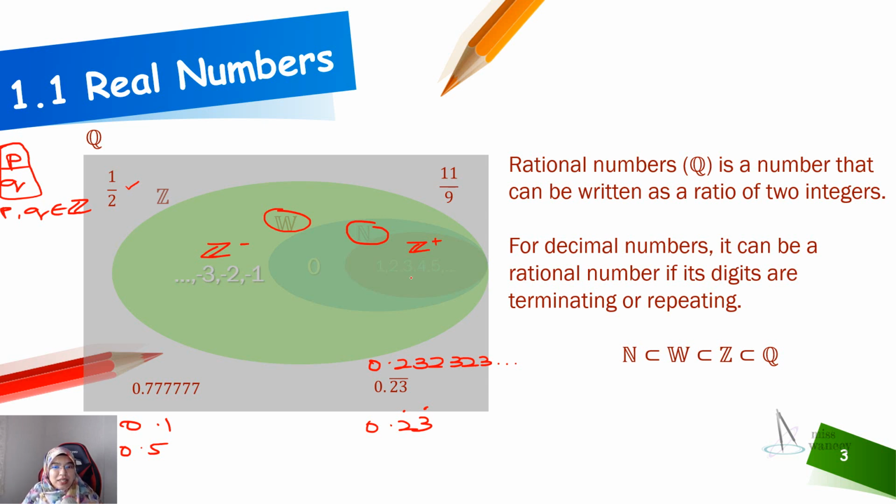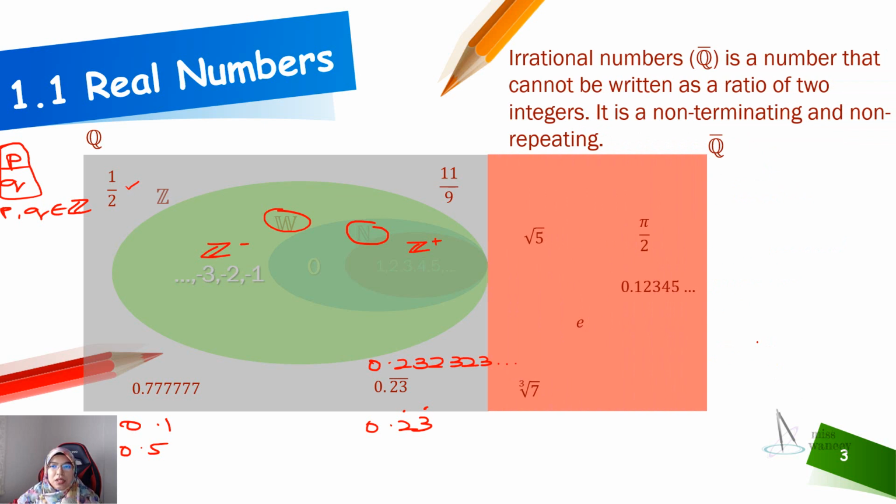And then as you can see again, N is inside the whole numbers. The whole numbers are inside the integers, and then we extend it a little bit into rational and irrational numbers. So we can say that N is a subset of the whole numbers, which is a subset of the integers. Of course, we also have irrational numbers, which are actually the opposite of rational numbers.